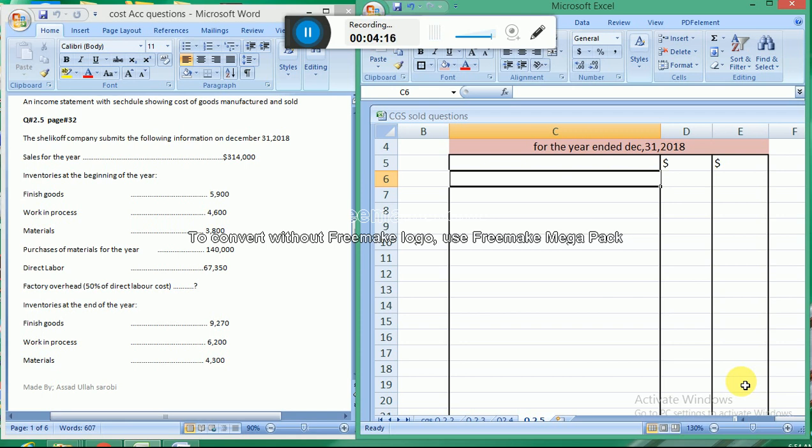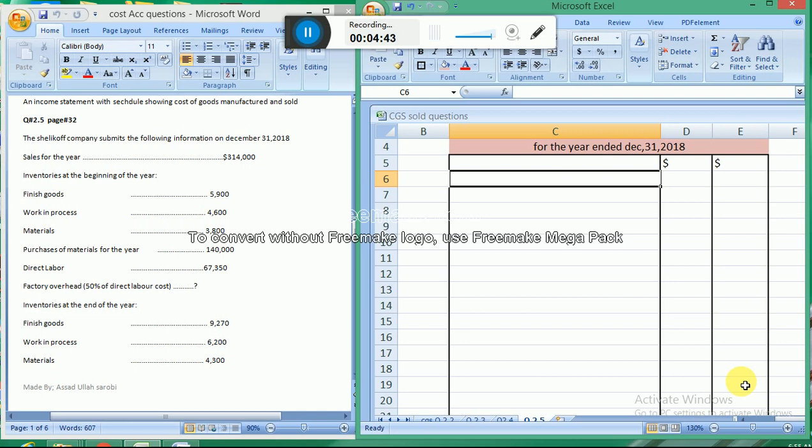Now, before 2018 we have 2017. So look whether some inventory is remaining from the previous year or not. The previous year's remaining inventory, like finished goods, work in process, and material, these are the three inventory types.